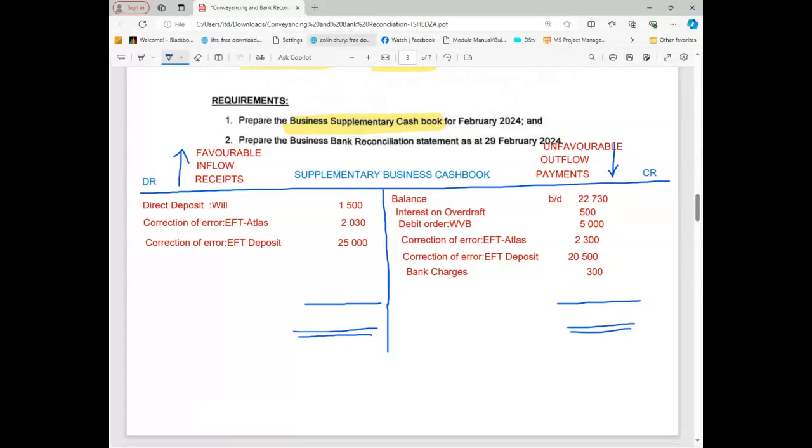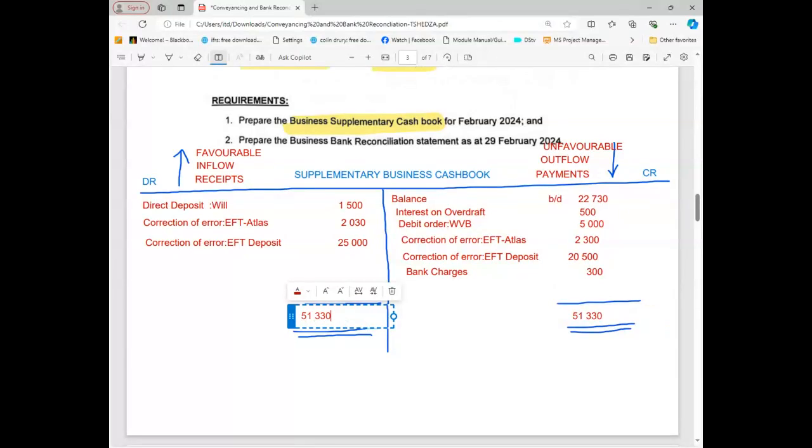It's 51,330 on the credit. 51,330 on the debit. Now the debit side is 28,530.